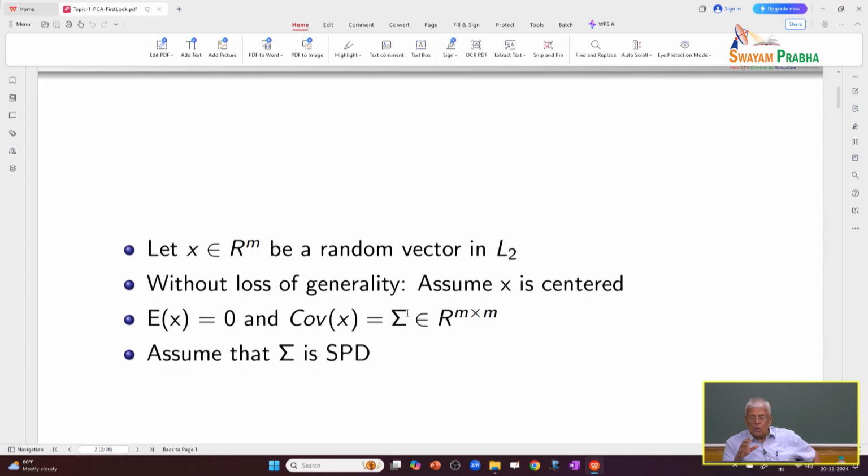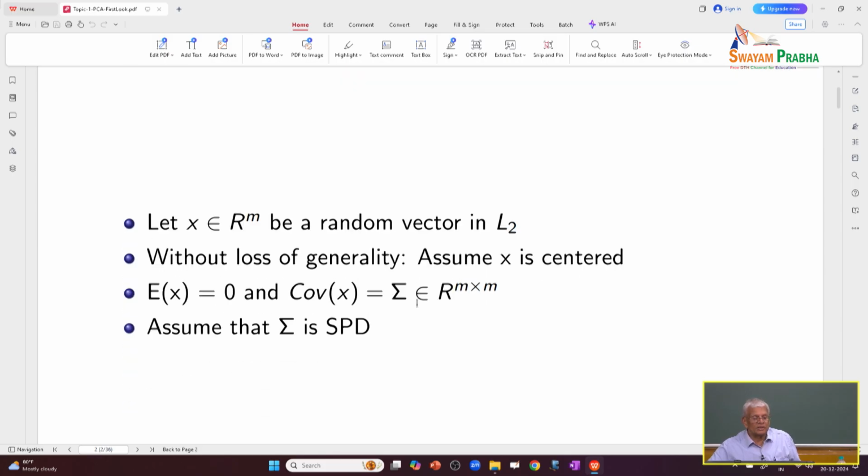I don't know the actual distributions. I only have samples. So using samples, I have to implement. So there are two facets to PCA. One is population-based PCA, another sample-based PCA. So to get the basic ideas straightened out, I'm going to be now talking about population-based PCA.